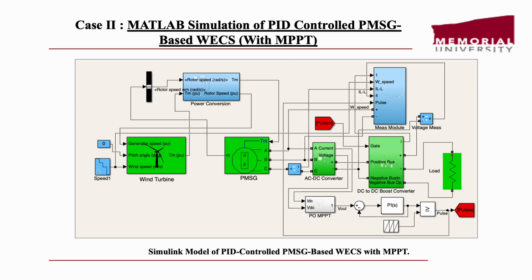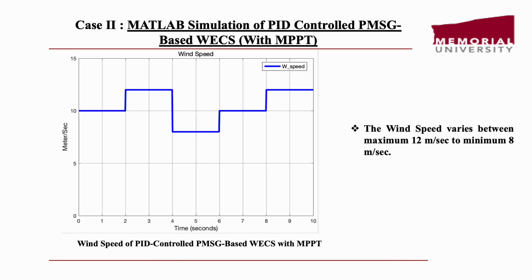Now the second case, it's the simulation model. Here you can see all things are the same, only the change we have made is that there is a PI controller based MPPT which triggers the gate of the DC to DC boost converter. Accordingly the voltage and power will be affected. Here the wind speed we kept the same as earlier, that is it varies from 8 meters per second to 12 meters per second.